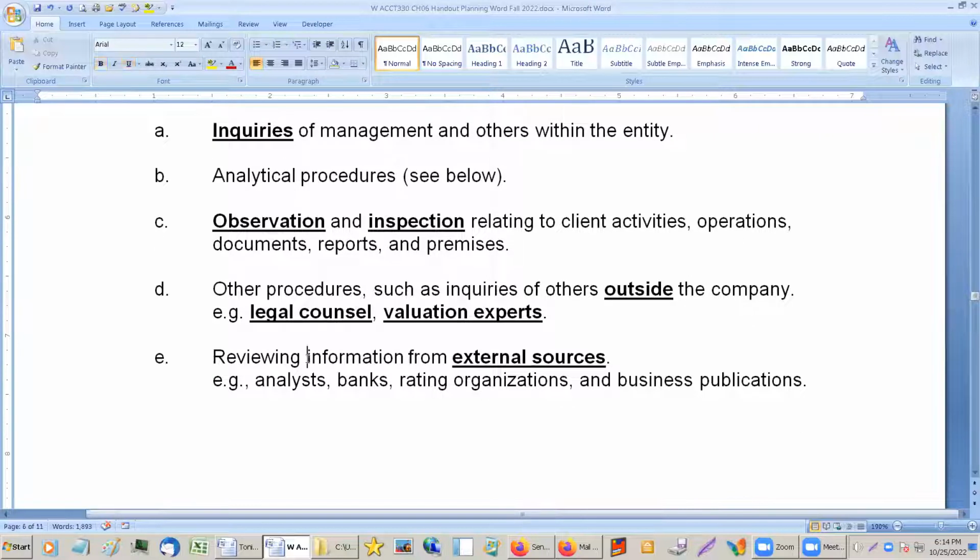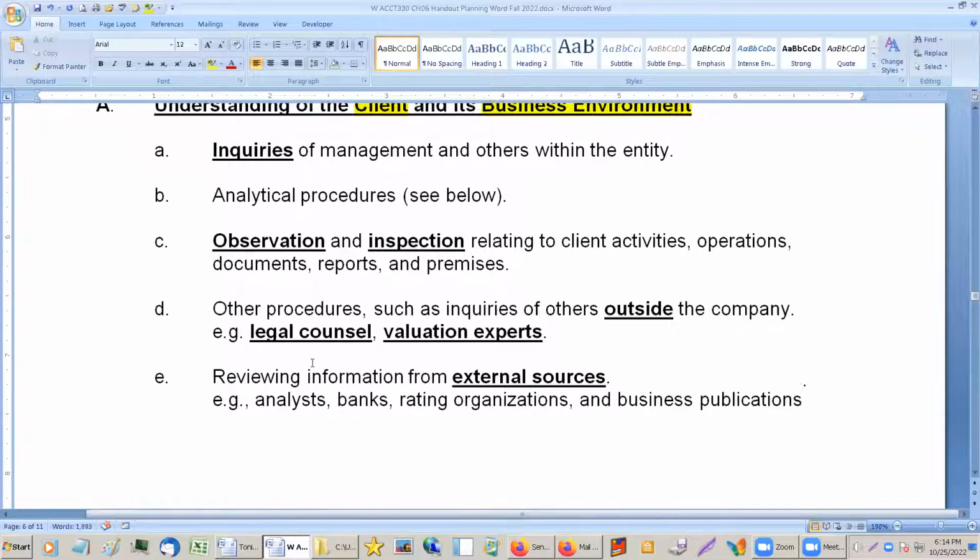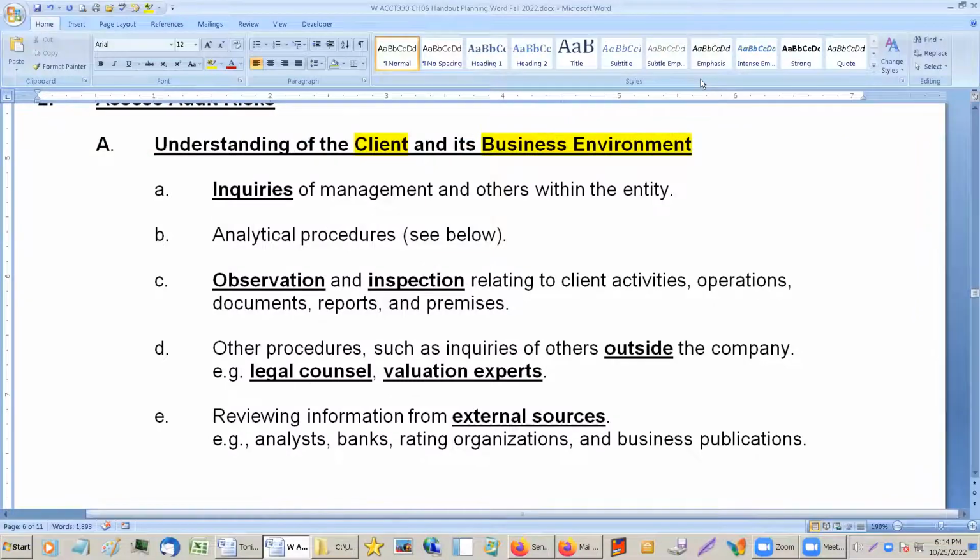And a lot of times, one of the reasons why you may focus on those external sources, you may say, well, who cares about those? I mean, they're not inside the company. You're inside the company looking at their financial statements. Why look at those? Those are part of what might be perceived pressure. So maybe an analyst said that this company's research and development isn't up to what others were.